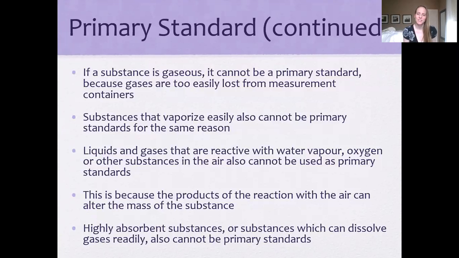Anything that is reactive with water vapor, oxygen, or other parts of the air can't be a primary standard because it's too hard to keep air away from a compound that you're working with. Any substances that are highly absorbent or that can dissolve gases really easily can't be primary standards because they're going to be taking in chemicals and therefore making themselves impure.